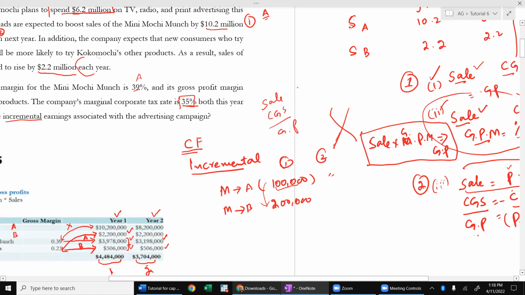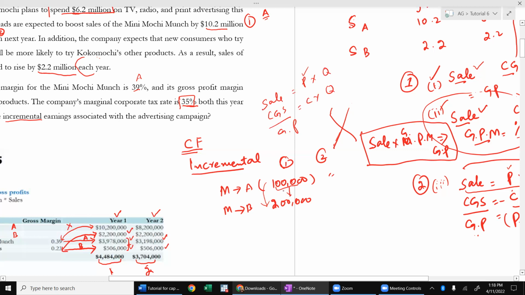Can you tell me whether this decision of mine is affecting sales, CGS, or which component is it affecting? Because sale is price and quantity, cost and quantity, right? Is this decision affecting the price of my product? If I bring a new machine, its capacity will increase from 100,000 to 200,000.